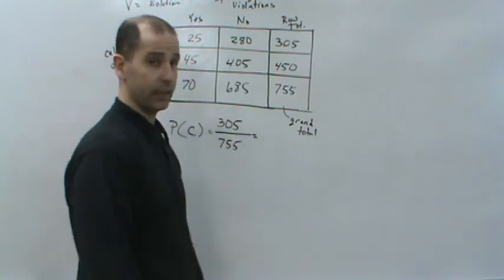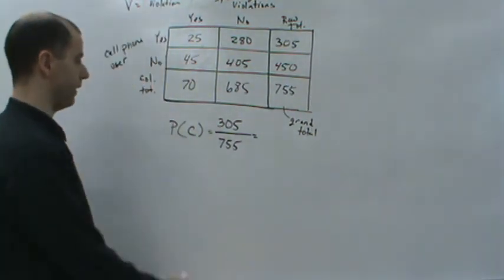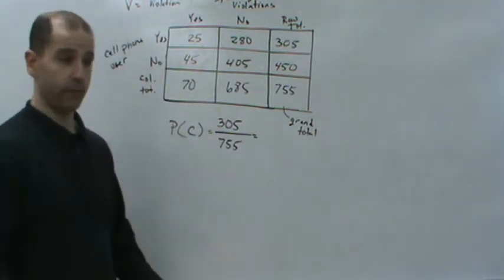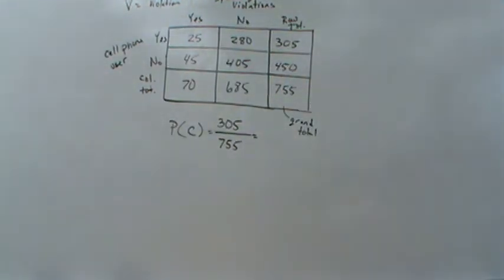And so the probability just turns out to be 305 divided by 755. So let's see here. And it's 0.404.